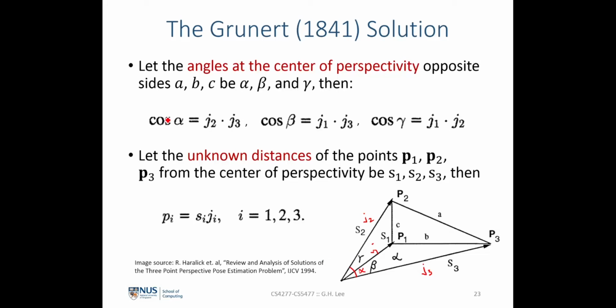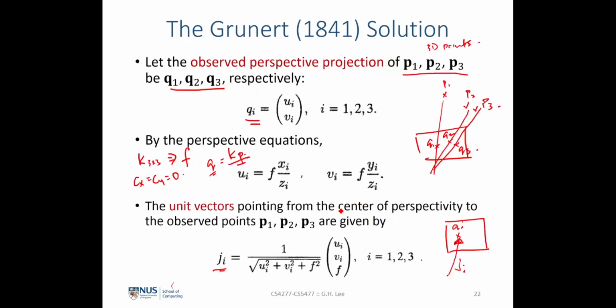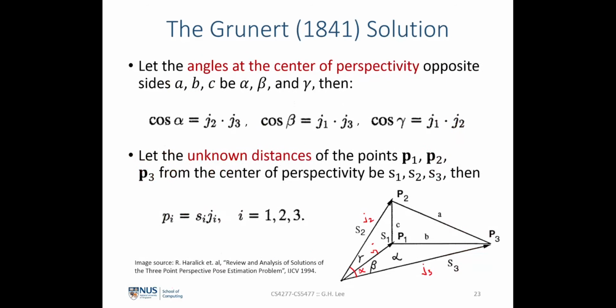And alpha here, the cosine of alpha can be found from the dot product of the two unit vectors, which we denote as J2 and J3, that were computed earlier here in the previous slide. So we can do the same thing for the other two angles that are created by the other two pairs of unit vectors that represent the light rays, and we denote them as beta and gamma.